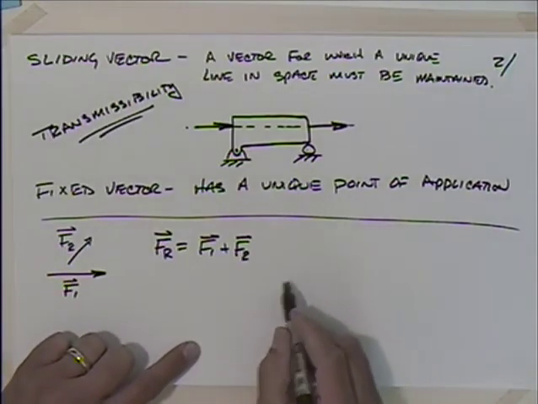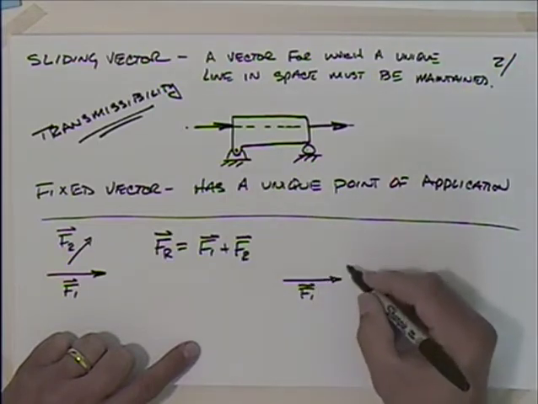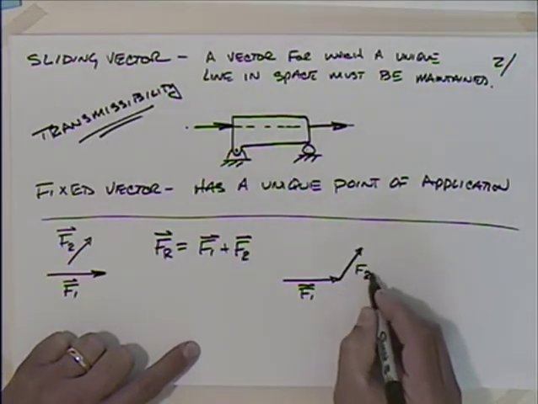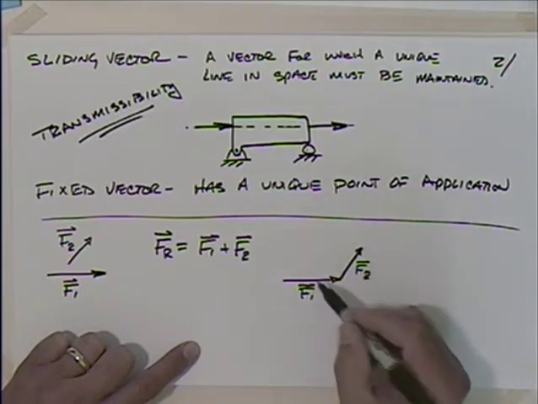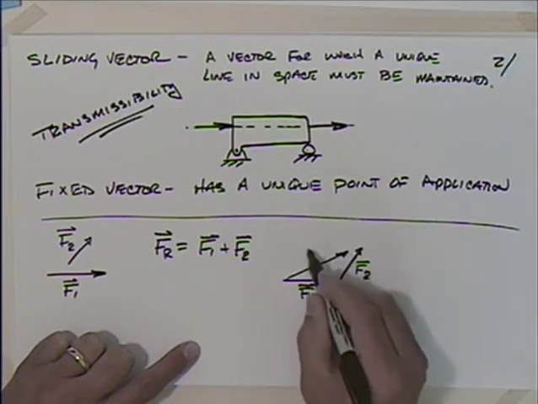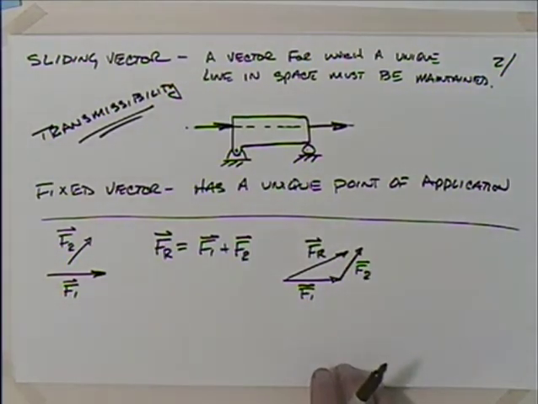Certainly graphically, we could take this vector F1 and add it tip to tail. We take this vector F2 and put it down here, and adding those tip to tail, you will get the resultant vector F sub r.